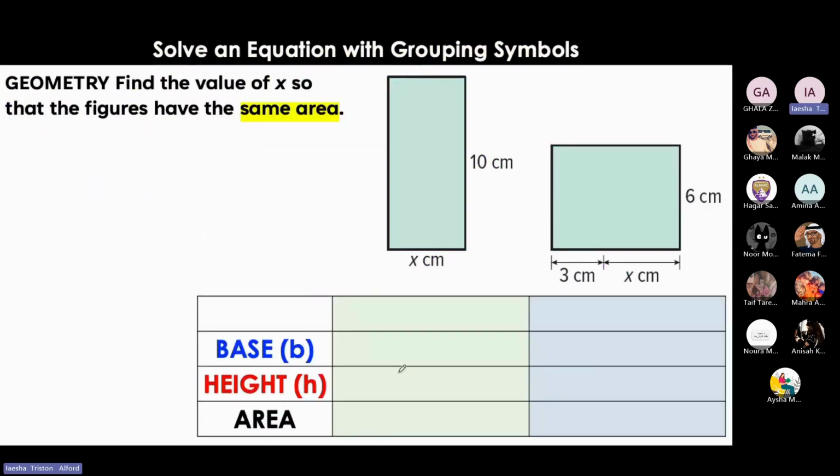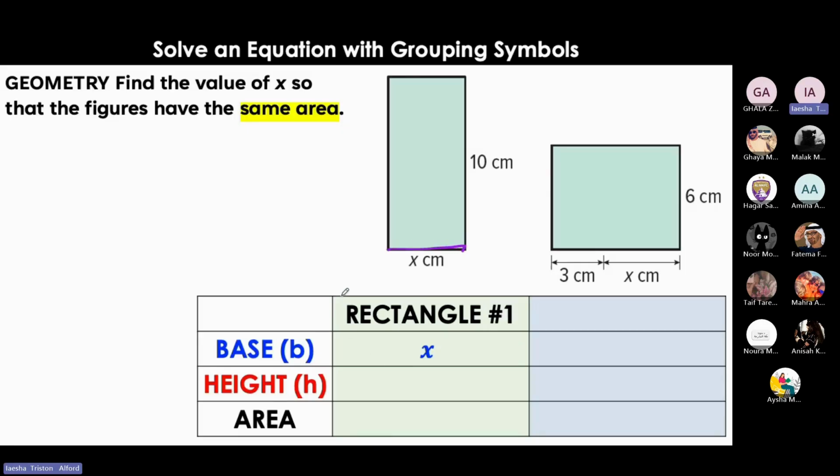So here, this is the lesson. Find the value of x so that the figures have the same area. Remember, you have to see the shape. This one is a rectangle. We first need to know the base of this rectangle. What is the bottom? It's x.